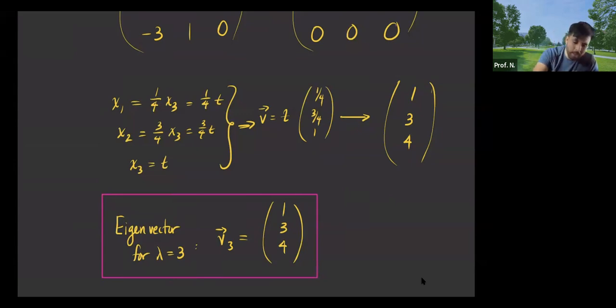So then immediately what we have here is the geometric multiplicity of lambda equaling 3 is 1.